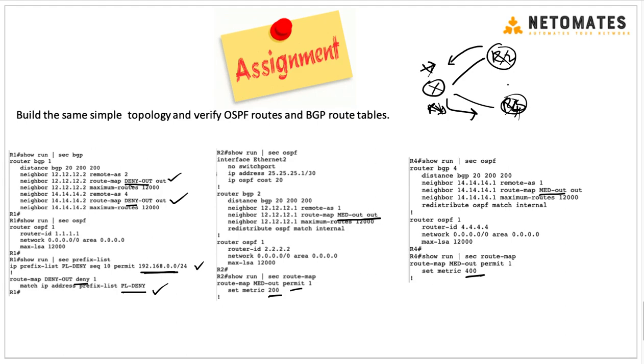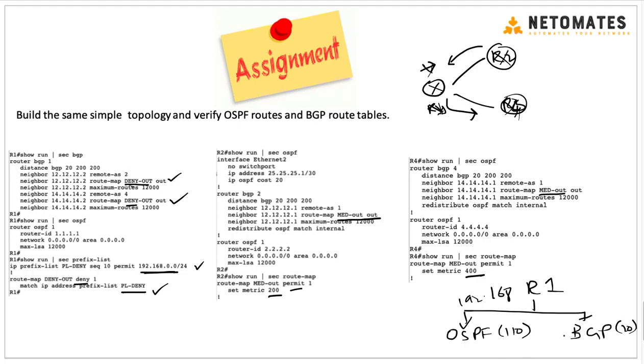In this way, in this topology, R1 will receive information about the 192.168 network from two different routing sources. One is from OSPF, another one is from BGP. OSPF AD is 110, BGP is 20, eBGP in this case.